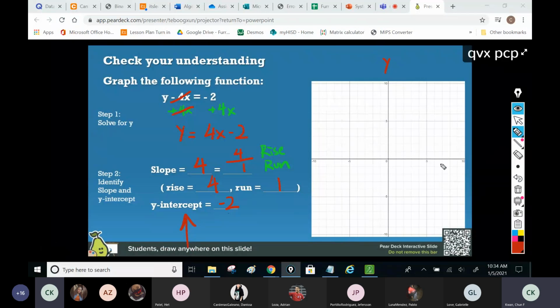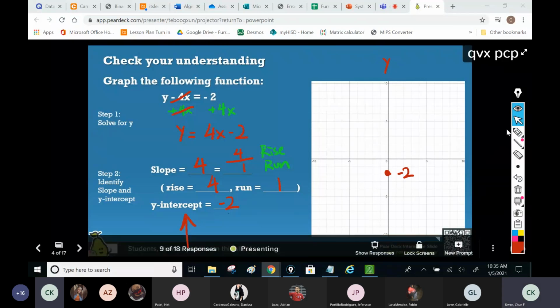All right, find -2, which is right here. On the y-axis, find -2. All right, after that, you're going to have to look at the slope, rise over run, this is what we need.